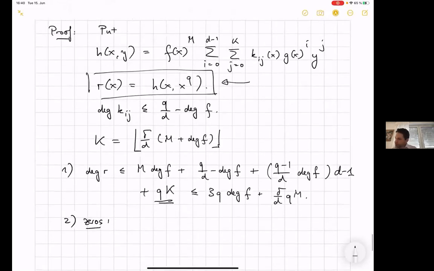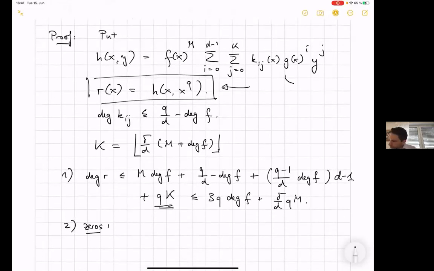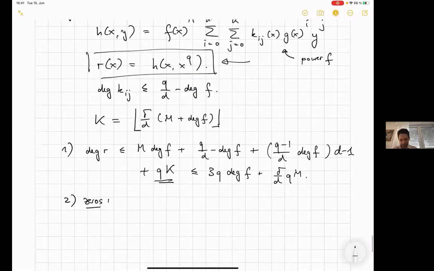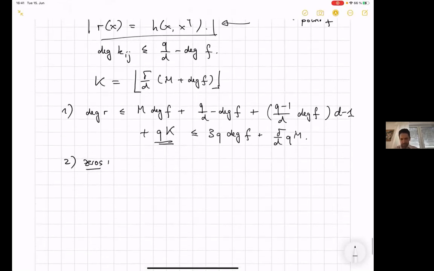Also recall that G is a power of F. So really every term is a high power of F times a high power of X times this Kij.